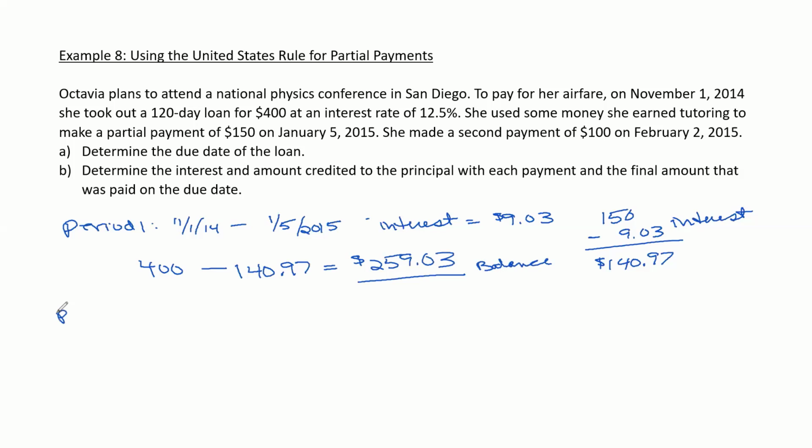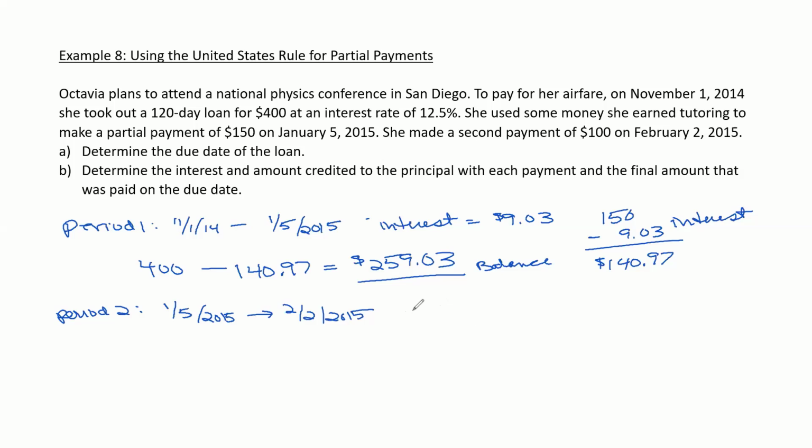Period 2 is going to run from January 5th, 2015 to February 2nd, which is when she paid another payment.